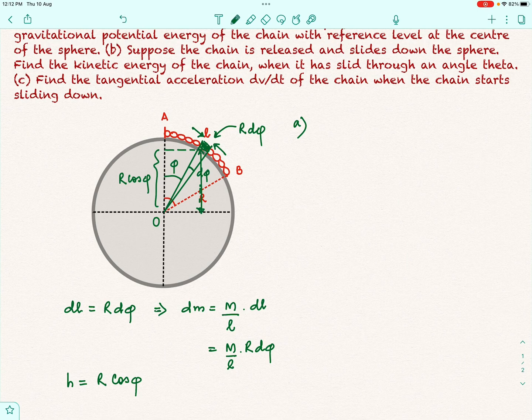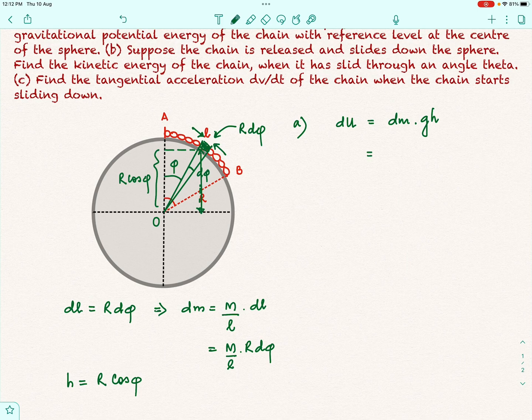Now what will be the potential energy of this small portion of the chain? Let's call that small potential energy dU. Can we say dU will be equal to dm into g h? We know that the potential energy of a mass m is given as mgh when it is kept at a height h. Since this is a very small mass dm, its potential energy will be dm into g h.